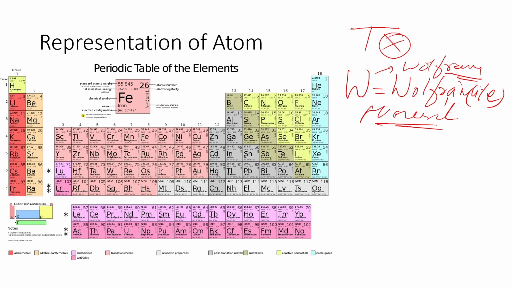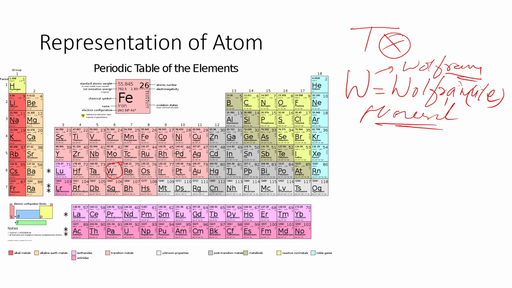So now tungsten or any atom, how will you represent it in a periodic table? So you can see different numbers here. So our tungsten is somewhere here. I think it is too small for you guys to see, but I hope you can see this.